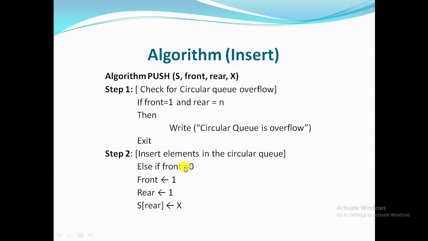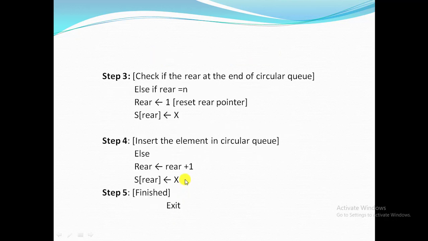If front is equal to 0, that means the queue is empty. At that time we have to set front is equal to 1 and rear is equal to 1 and s of rear is equal to x, which is the element we are going to insert.